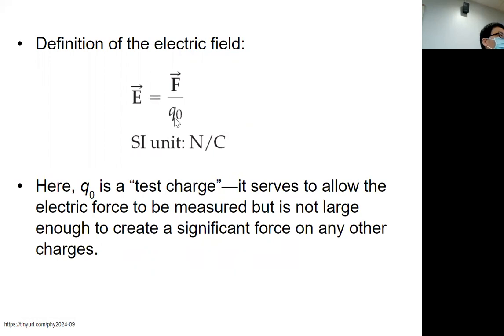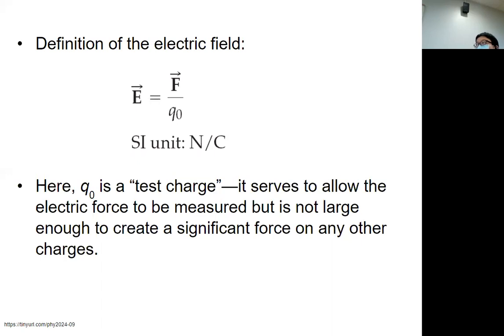And here Q naught is the test charge, okay? It serves to allow the electric field to be measured, but it's not large enough to disturb it. So typically, the test charge you are using is a small charge. Just like when you are on the surface of Earth, if you want to know what's the gravity here, you will measure the weight of the object and then measure the mass of it, and then use the weight divided by the mass to get the gravitational field, or the gravity g.